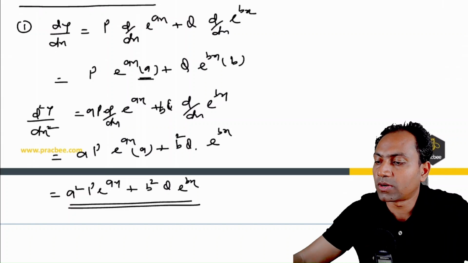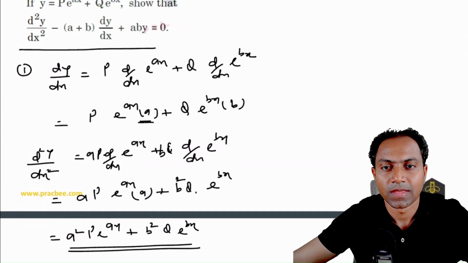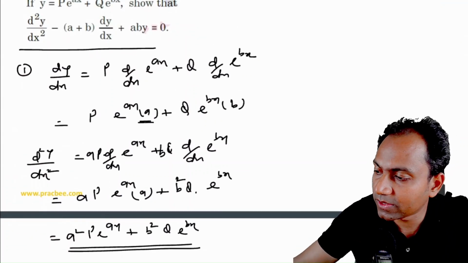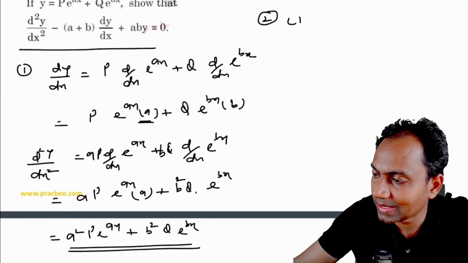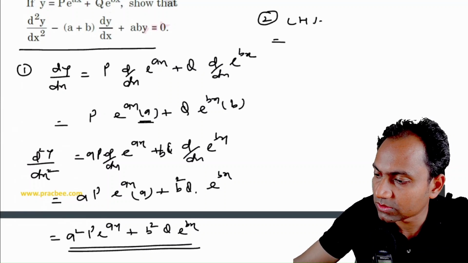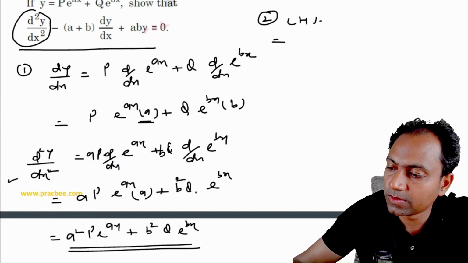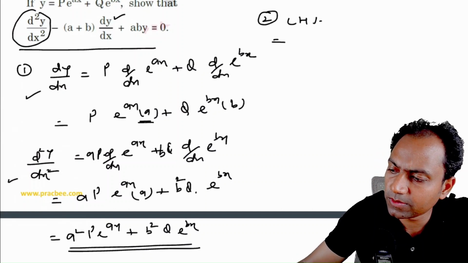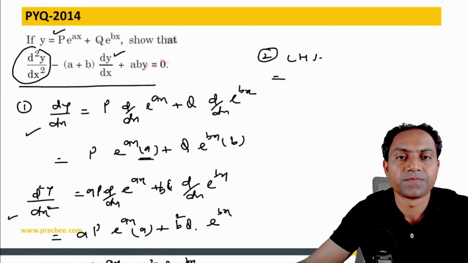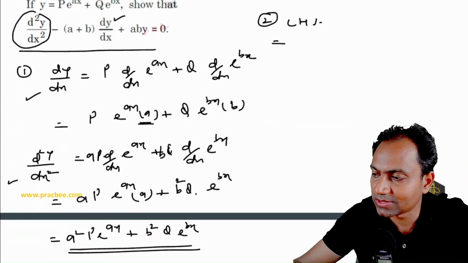Now we have got all the ingredients. In the next step, in the LHS part of whatever is given to us, we'll put the value of d2y by dx square from here. We'll put the value of dy by dx from here, and we will put the value of y from here. Now, these three substitutions we'll do, and let us see what happens.